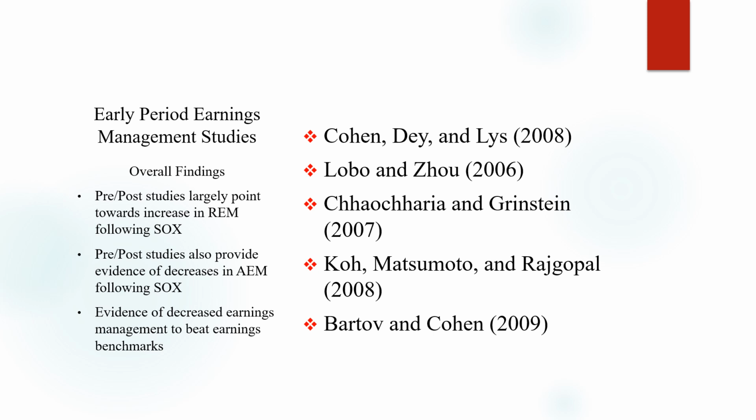So we have a series of papers here, all fairly high profile papers, and they're all giving us the same sort of answer, and that is a decrease in accruals earnings management and an increase in real earnings management. Now, to some degree, if you want to talk about a net benefit versus net cost, you can naturally see why that might be a hard question to answer here, because a decrease in accruals earnings management, we would tend to say that is a positive thing.